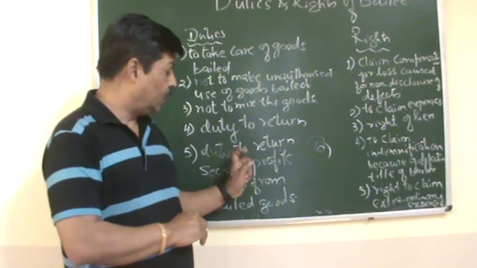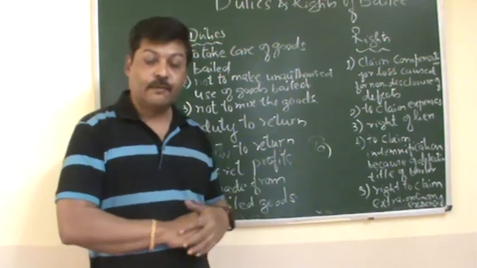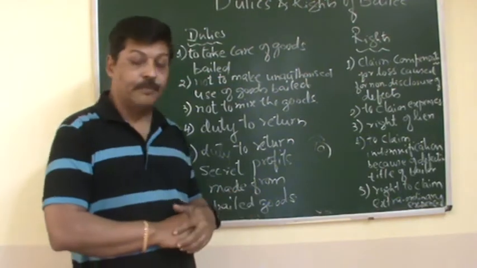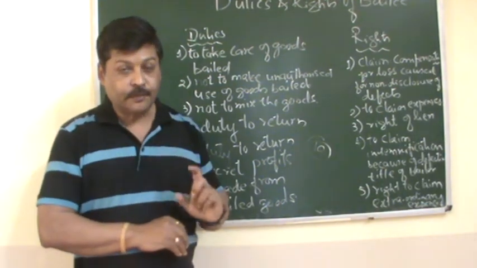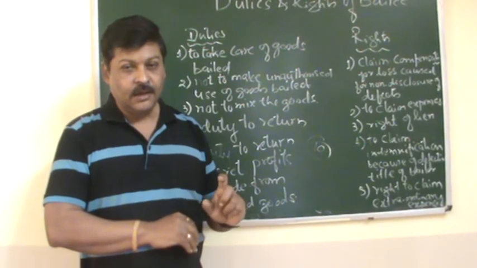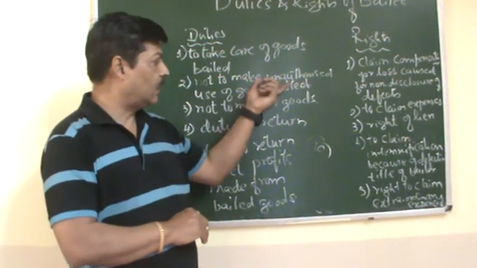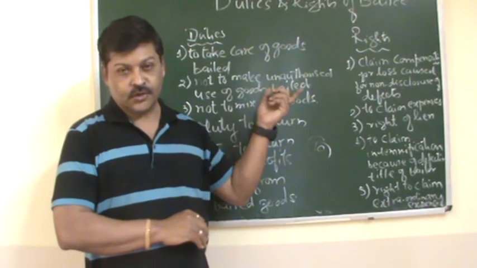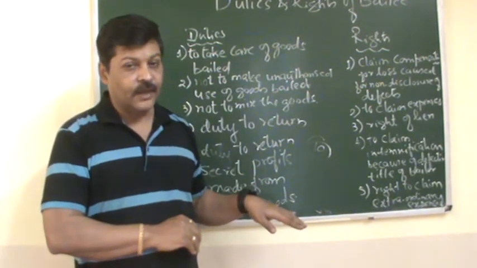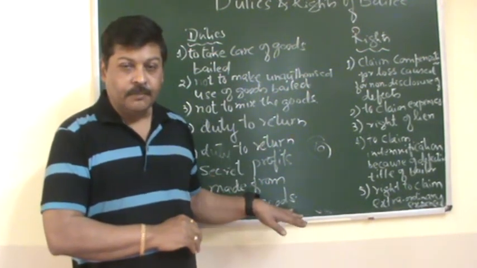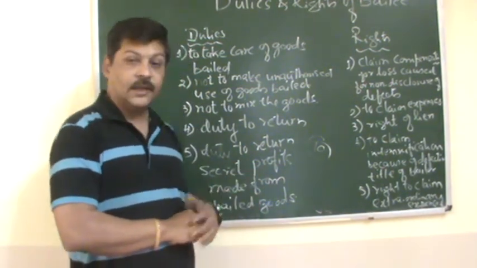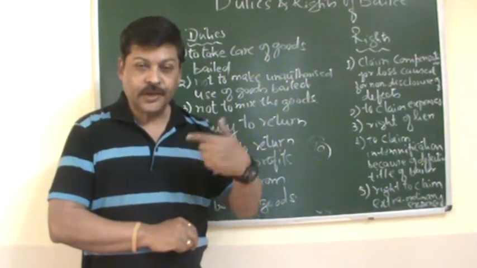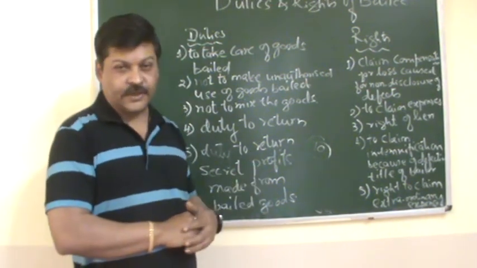Then the duty to return the secret profits that are made from the bailed goods. The last one. So any secret profits made. The first thing we have seen is that no unauthorized use of the goods should be there. In case the bailee has made any secret profits out of the goods bailed, it is his duty to return those secret profits.